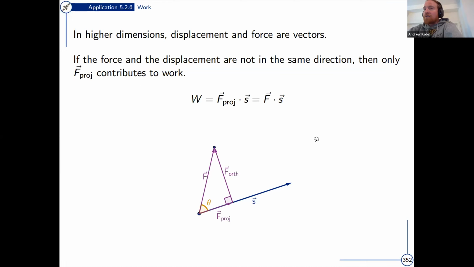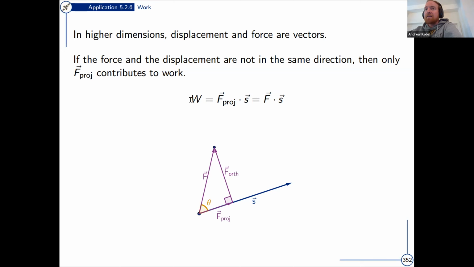So the way this works in higher dimensions, or not necessarily in higher dimensions, but if the force and displacement vectors are not pointing in the same direction, then the work is a number still, and it's computed as the dot product of the force vector and the displacement vector, which if you look back at our discussion of the definition of the dot product for vectors of different directions, is the same as the projected vector f projected onto the displacement vector dotted with the displacement vector.